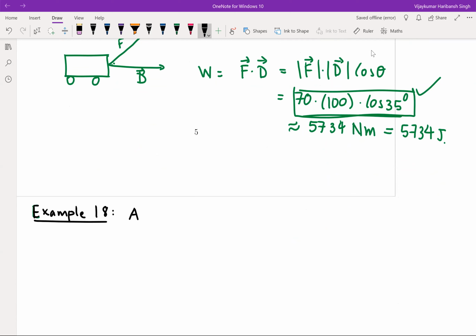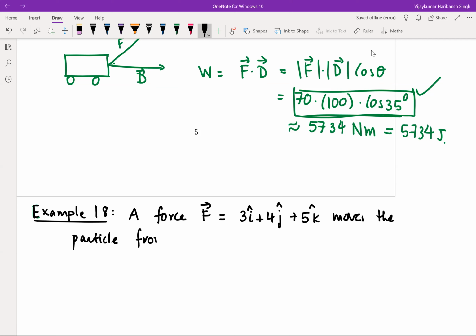Suppose a force F, which is given by 3i plus 4j plus 5k, moves the particle from point P, which has coordinates 2, 1, 1, to Q, which is 3, 4, 2. Find the work done.